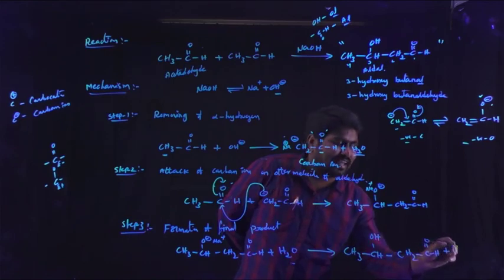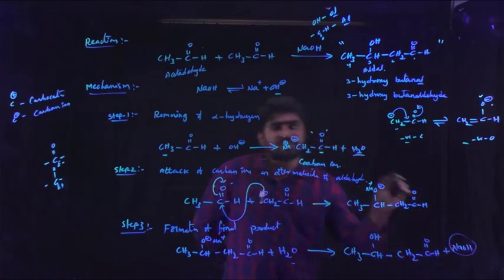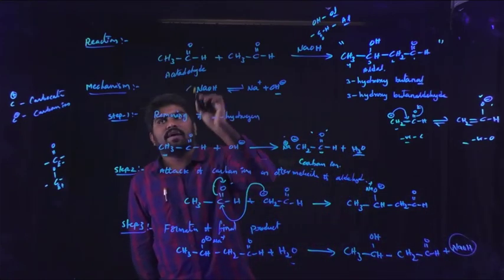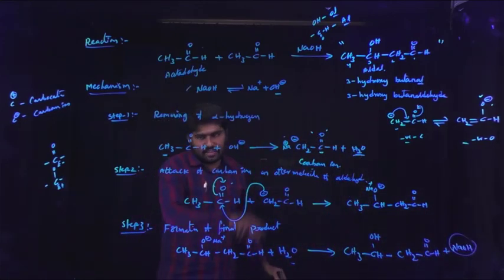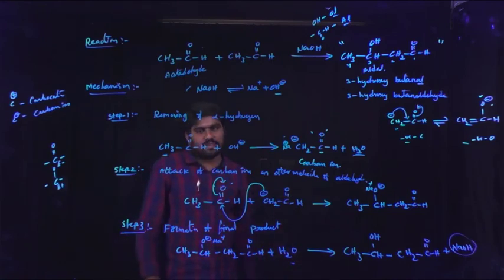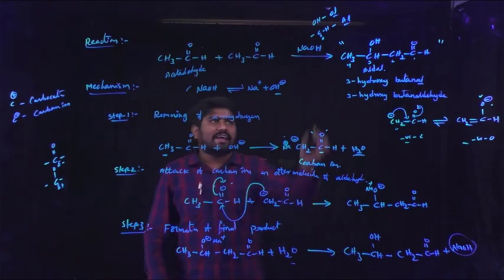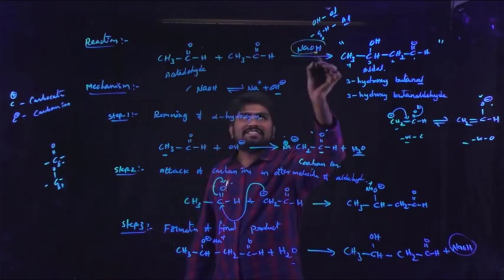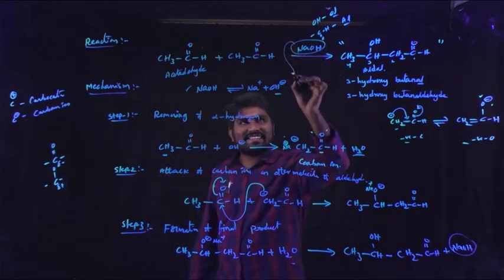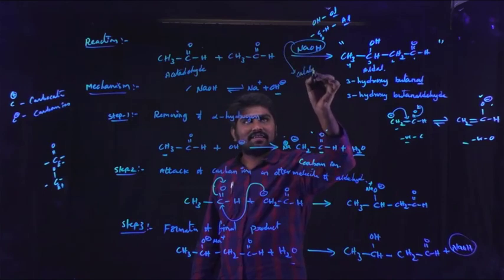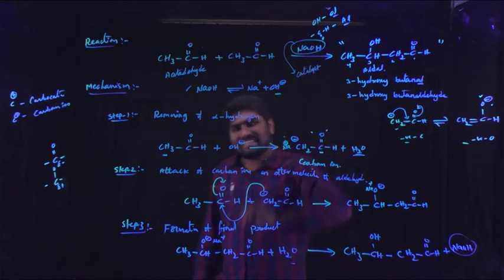Plus NaOH. Here the NaOH which was used in the initial step is formed again at the end of the reaction. So NaOH is used as a catalyst which can initiate the reaction.